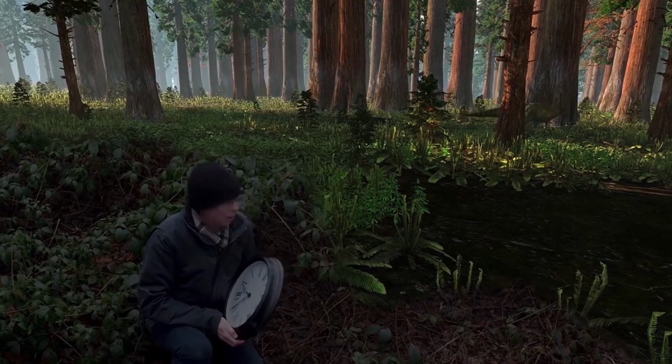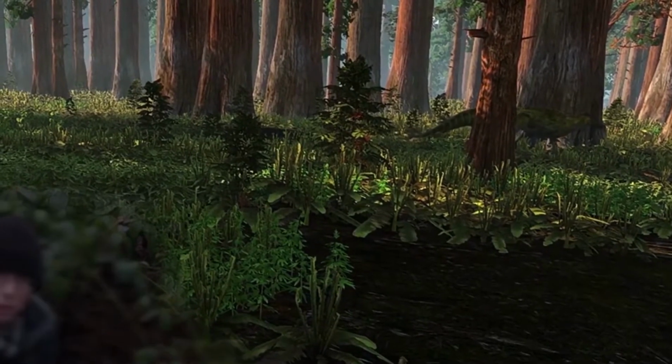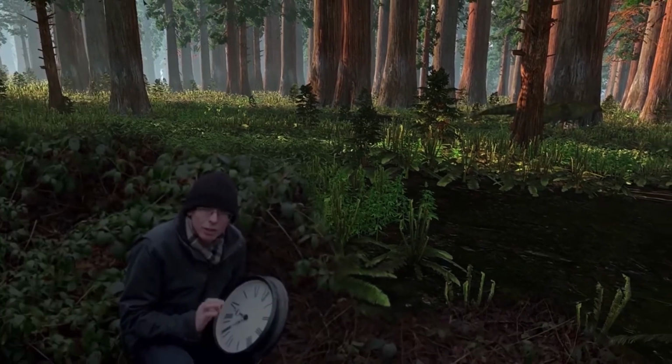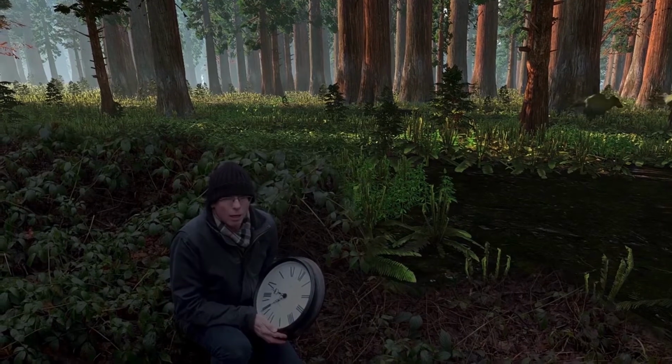This is amazing. Need to keep quiet. Here I am in the lowest slopes of Mount Etna. Somewhere here is a volcano where I can find some fresh igneous rock. I think we must be close.